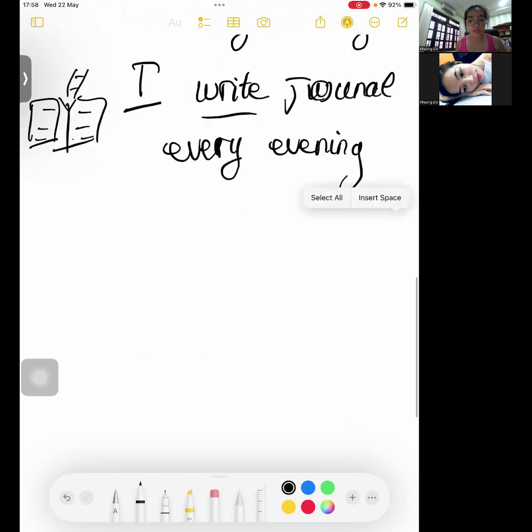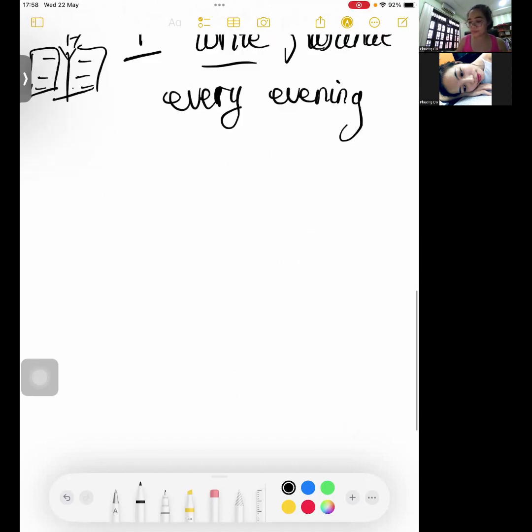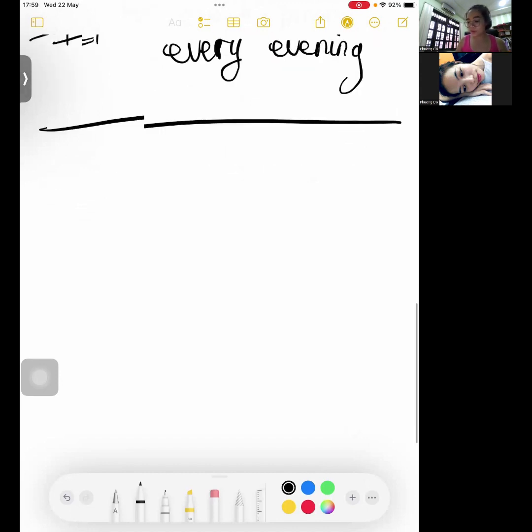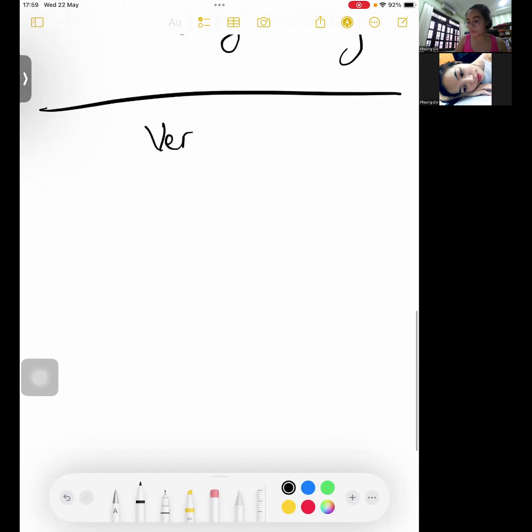Okay, so the simple present form. So the verb form, the simple present form will have two types.